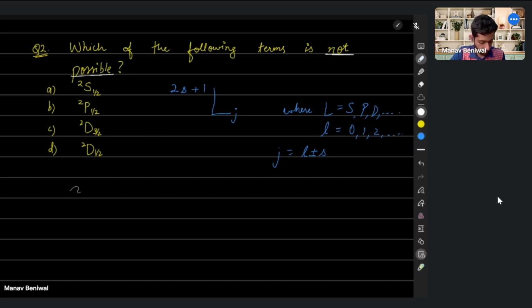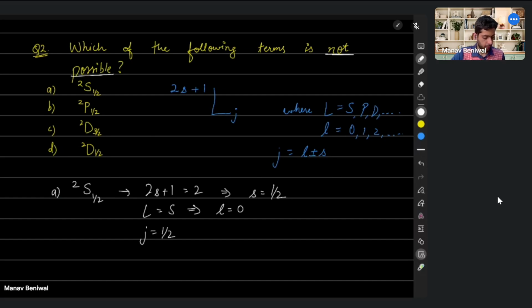Let us look at option A first, which is 2S 1/2. Here, by comparing, 2s plus 1 is 2, which means s is half. Here L is S, so this will imply l is 0, and on comparison we get J as half, which we can write as l plus s. So this term is possible.